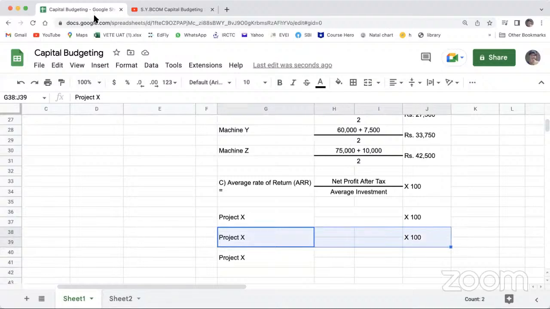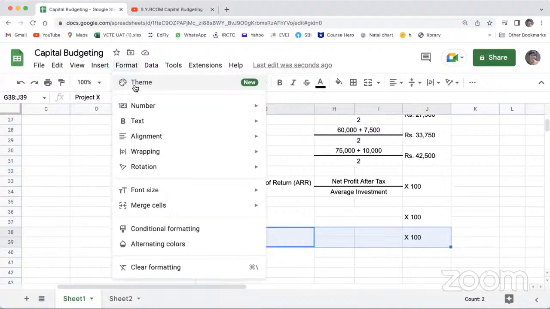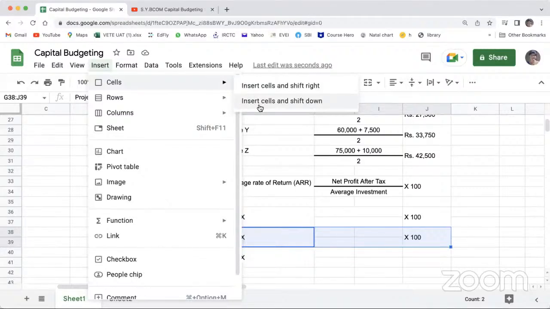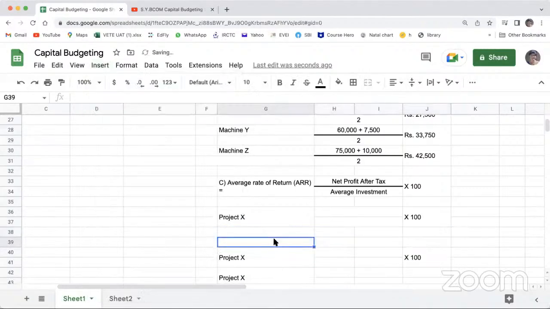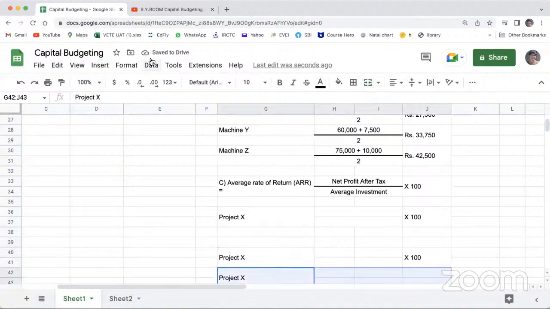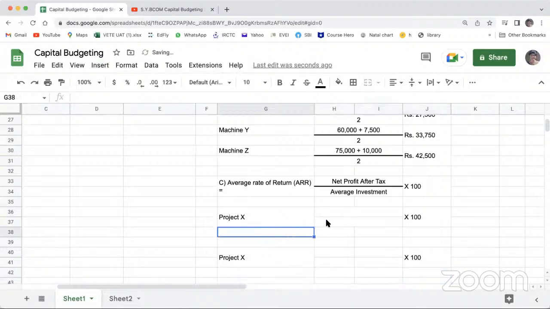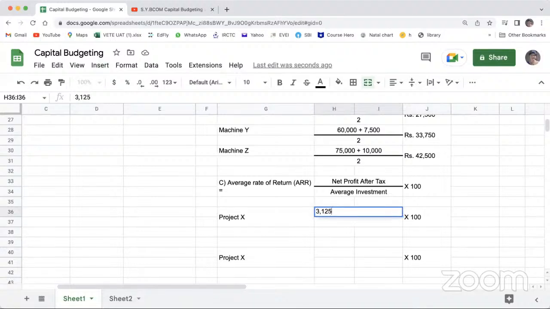How much is it? Just check how much is coming. Okay. So project X's net profit after tax was 3125. 3125 divided by average investment, which we just calculated, 27,500, right?